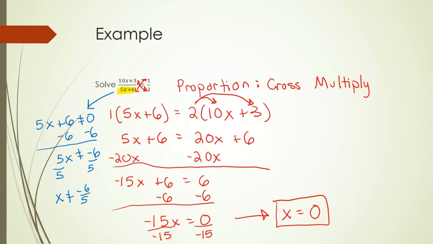Now sometimes, I know that some of the problems on the quiz, what they will want you to do is write a comma just to make sure that you know that x cannot equal negative 6 over 5. You just have to specify the domain there, that x equals 0 and that x is not equal to negative 6 over 5.